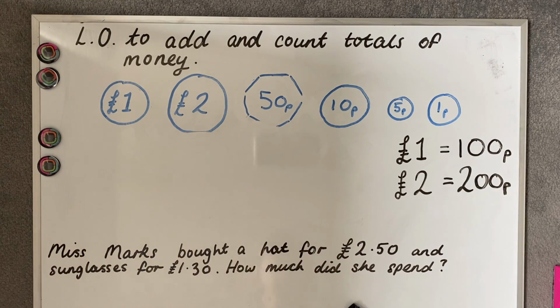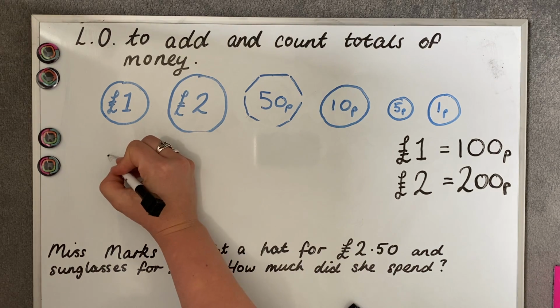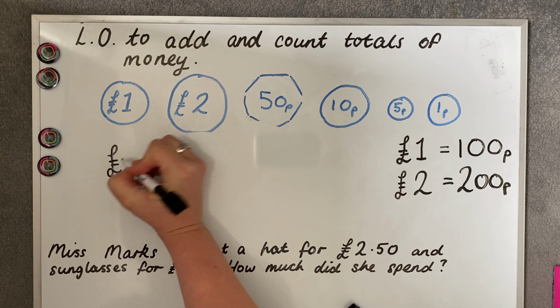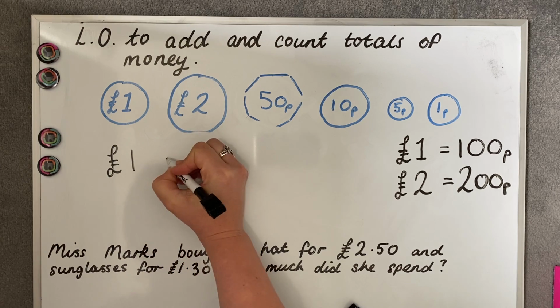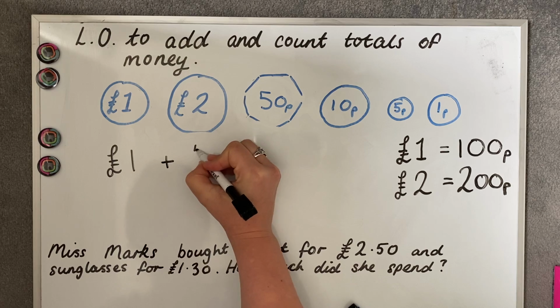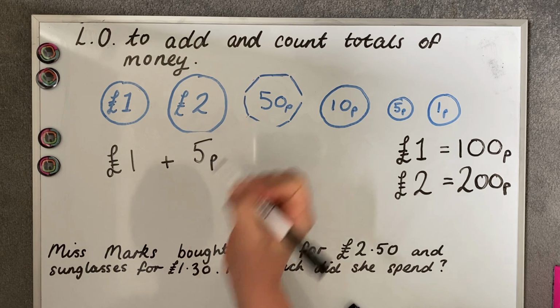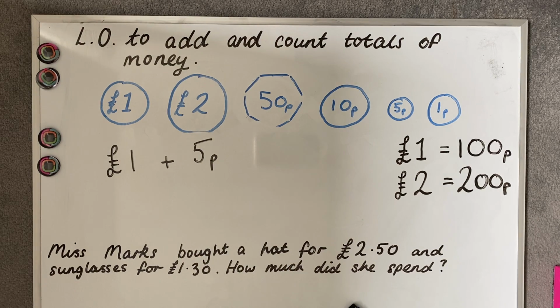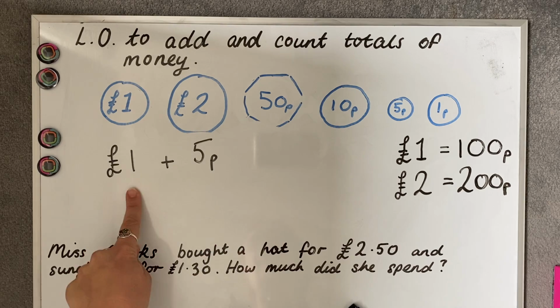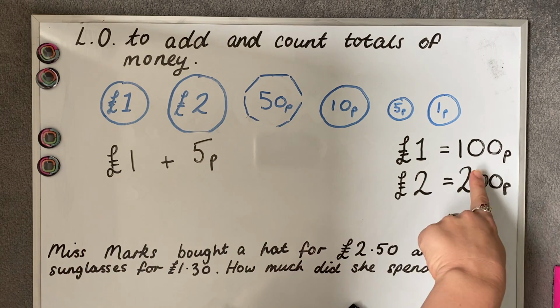Now, when it comes to adding together coins that are the value of £1 or more and the value of pennies, we need to do something a little bit different. My question might be, what is £1 plus 5p? To make this a little bit easier, we can change the pound into pennies.